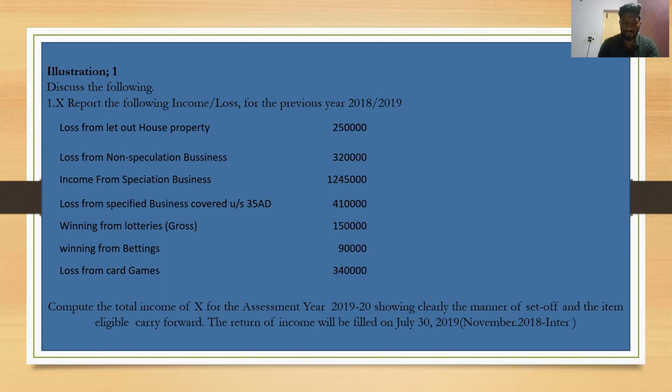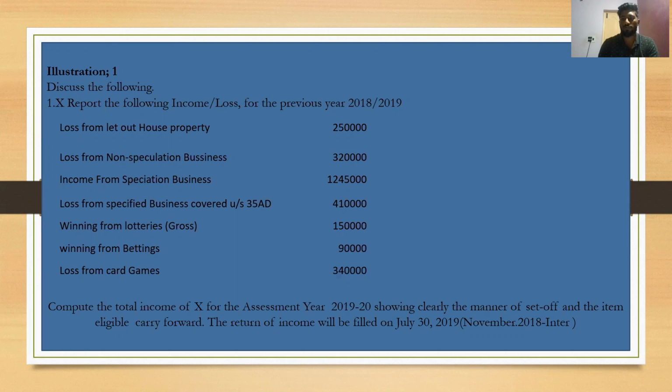Compute the total income of Mr. X for the assessment year 2019-20, showing clearly the manner of set off and the items eligible for carry forward. The return of income will be filed on July 30th, 2019. It is a question paper of November 2018 Inter of CA, Chartered Accountants.